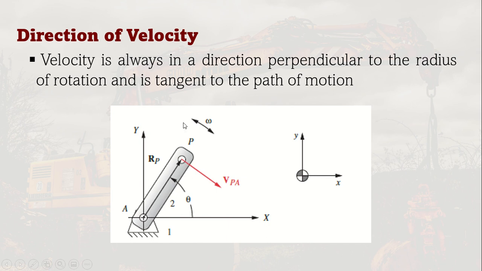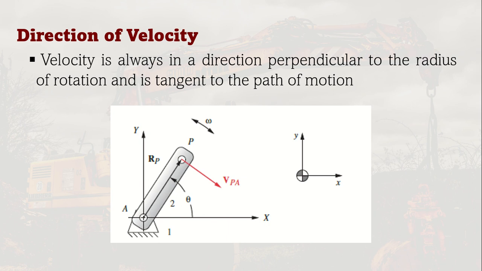The direction of the rotation is denoted by the symbol omega. If omega is moving in a clockwise direction, then the velocity will also move in that direction. For example, at point P, the velocity of point P will also be clockwise, and it is perpendicular to the radius of rotation.